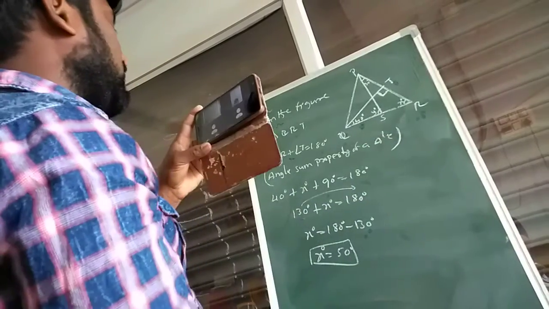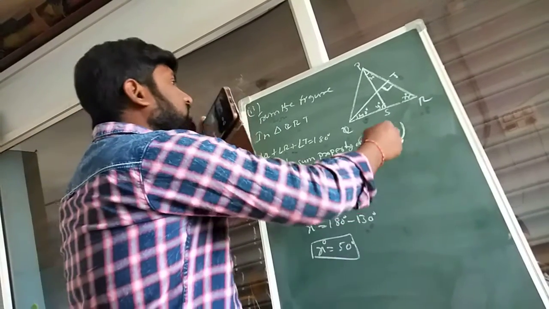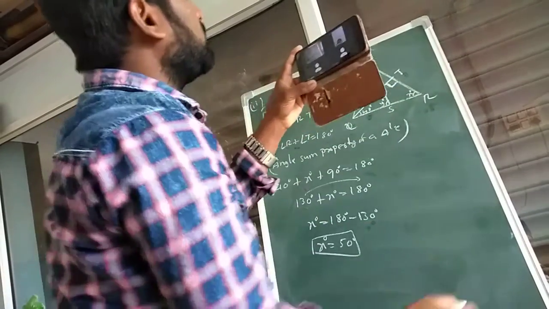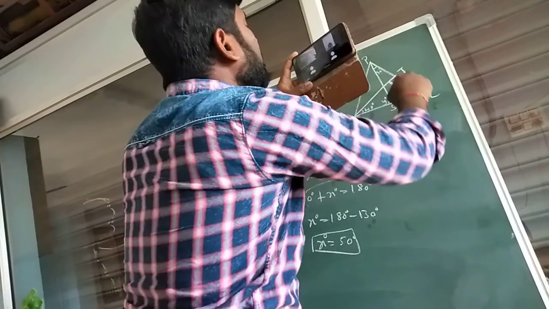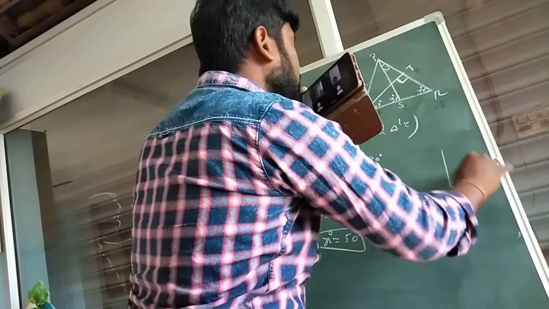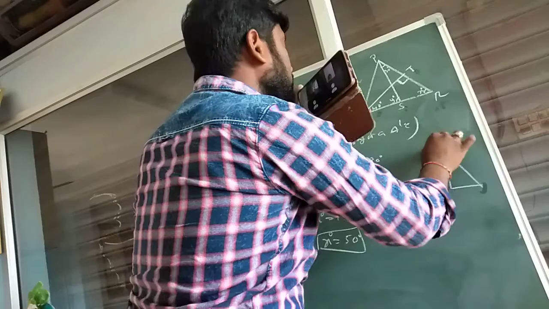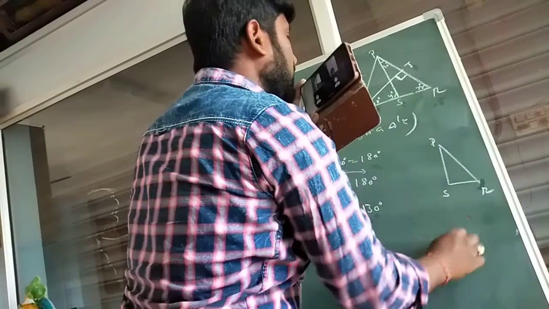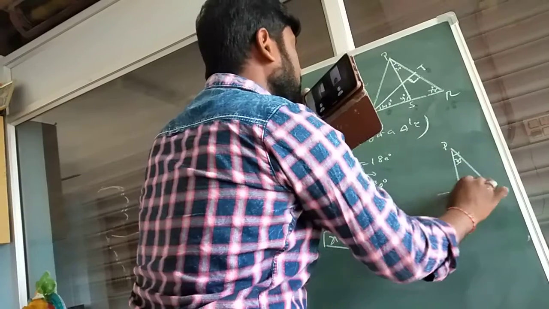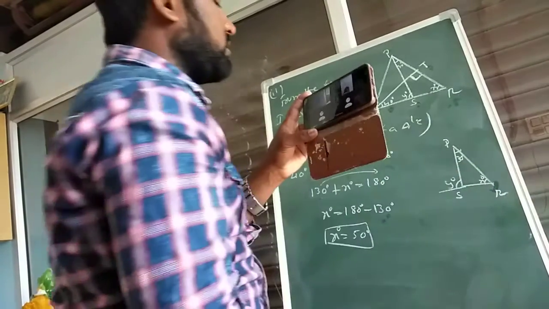Next, observe triangle PSR. Simply I am drawing it for your understanding like this. This is P, this is S, this is R. Here x degrees, here 30 degrees, and here y degrees.